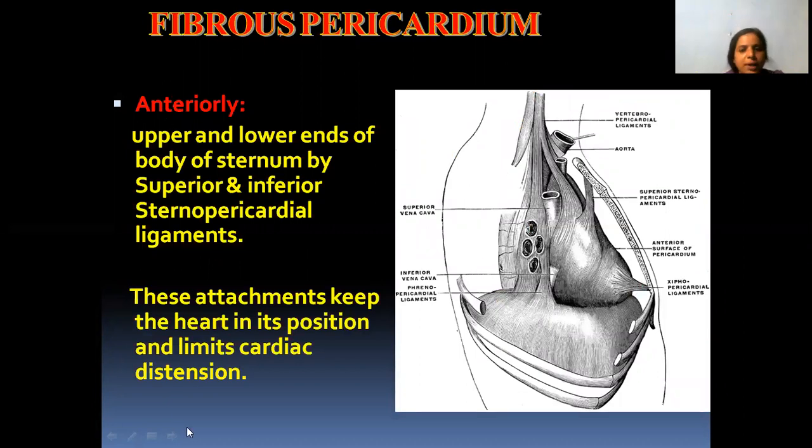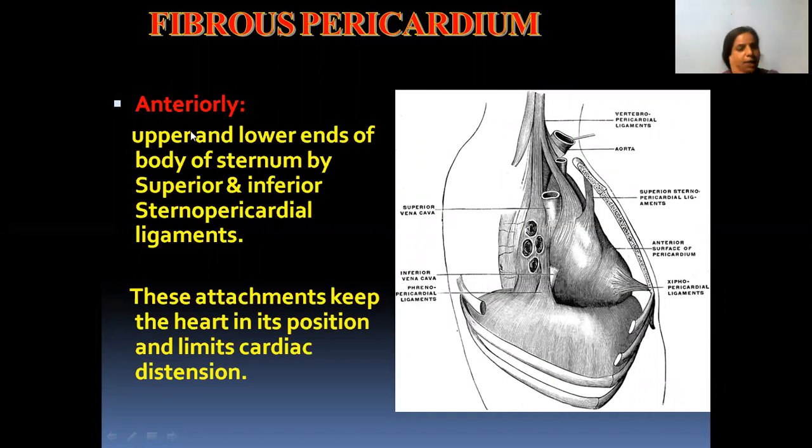Now see, don't read anything, you will understand. See, this is the sternum bone. Okay. This is the heart. This is the back of our body. So there is a connection between the sternum and pericardium. You call these connections sternopericardial ligaments.